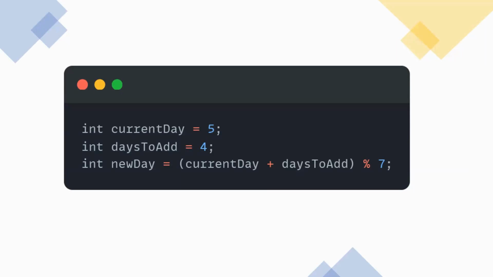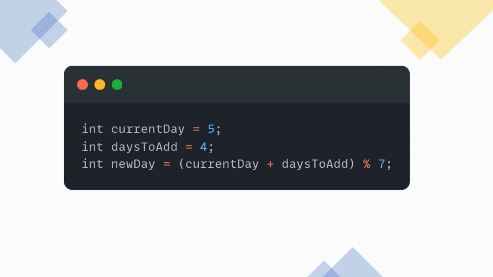So if I'm going to turn that into a formula in Java code, I will have something like this. I'll create 3 variables here. The first is current day, the second is days to add, and the third will be new day. All of these 3 variables will be with the data type integer.